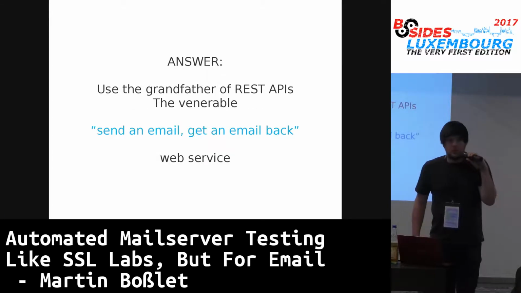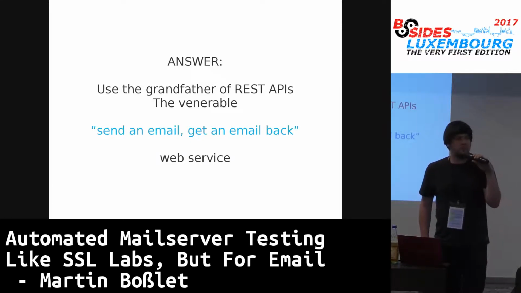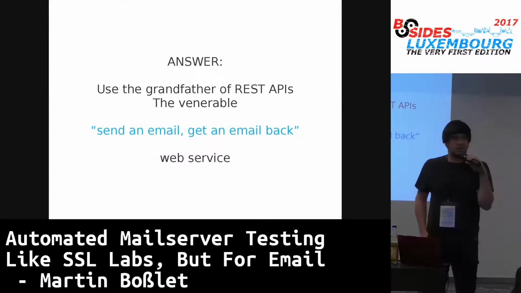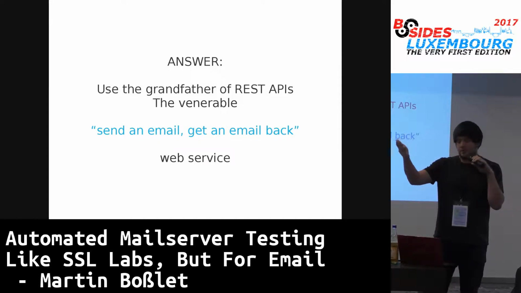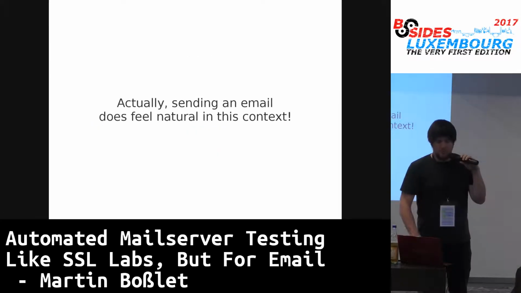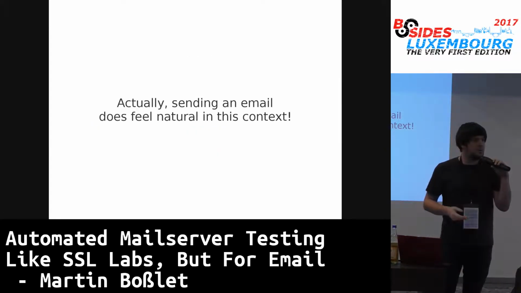And how do we get an email? First, we thought about solutions for this. And I mean, if we need an email from somewhere, then let's just send an email. And we pretty quickly came up with the idea of doing old school web service style: send an email to a service and get an email back. And at first, we thought this was an excuse, but if you think about it, we're talking about email security here.